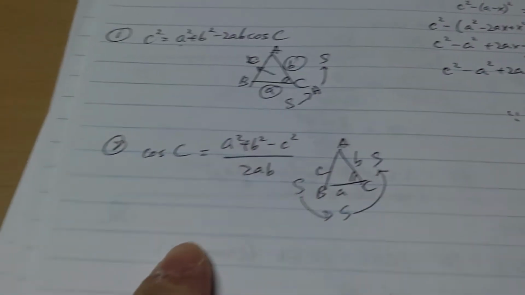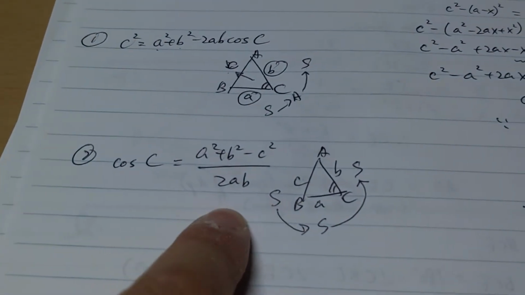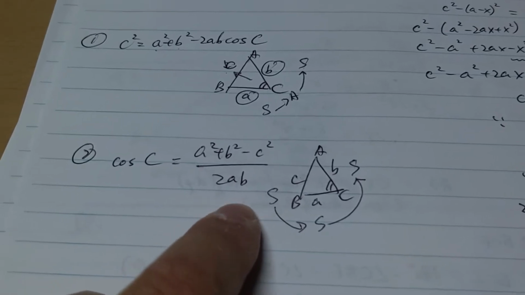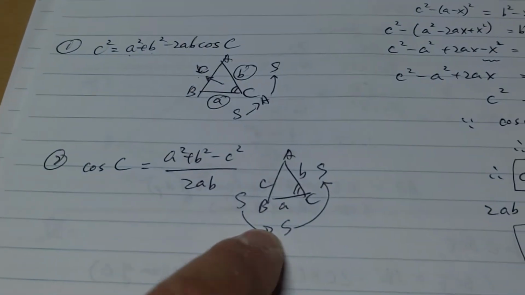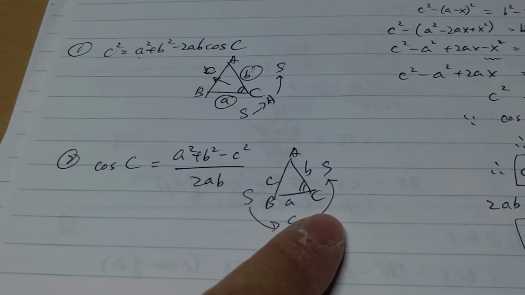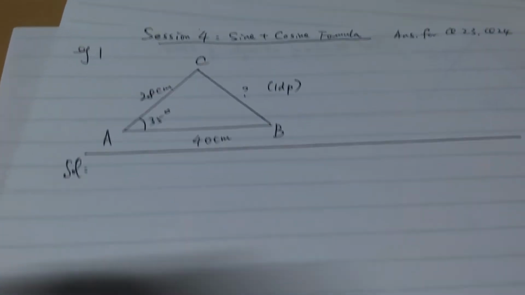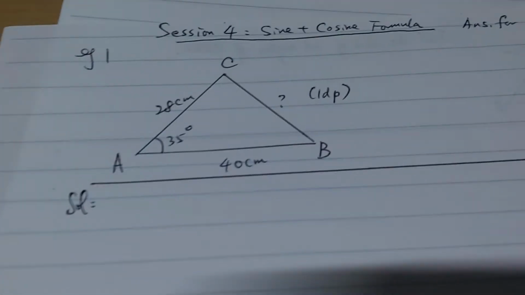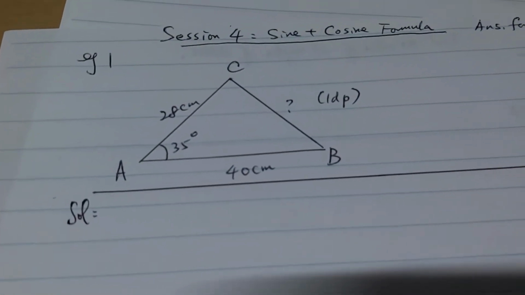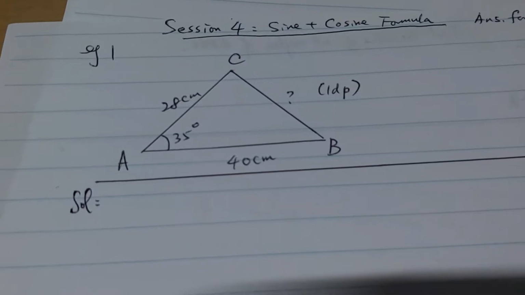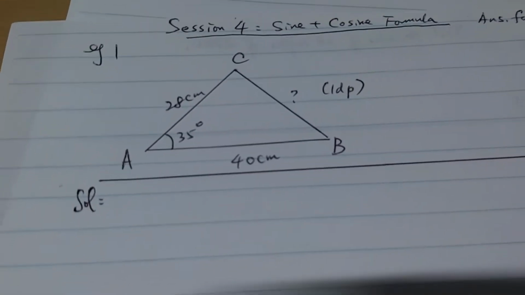The second one is cosine c equal to a squared plus b squared minus c squared over 2ab. We will use it when we have three sides, SSS. So today we will go through some examples by using cosine formula, and sometimes we will use sine formula.